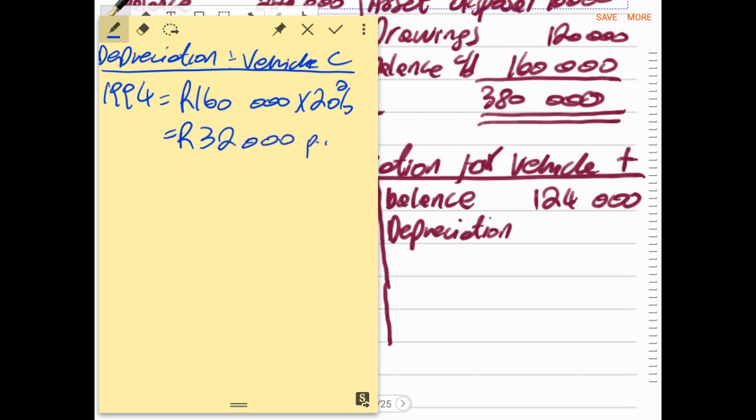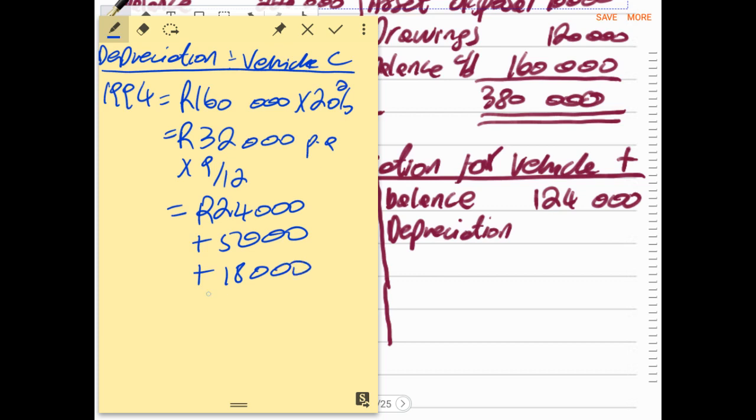Remember, this is depreciation per annum. We need it only for 9 months. Therefore, now we say times 9 over 12 months, so that we get depreciation only for 9 months, and that gave us 24,000 rands. Therefore, now we have to add 5,000 for motor vehicle A, and we add 18,000 for motor vehicle B. I think you still remember these amounts.